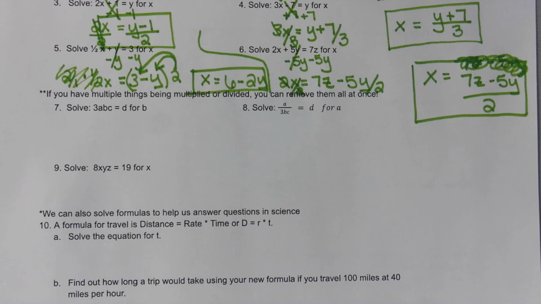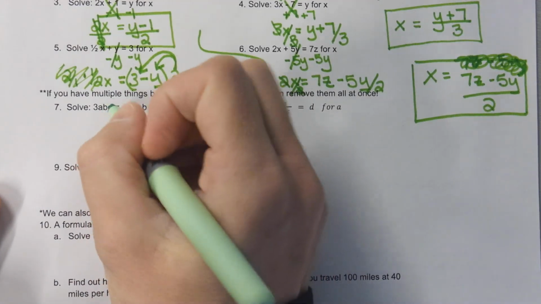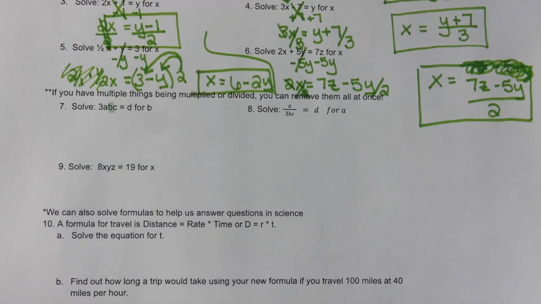Number 7 wants me to solve for b. Do you see where b is? Yeah, it's right in here. It's sandwiched in the middle. How is 3 interacting with b? And a and c. How are all those things interacting?